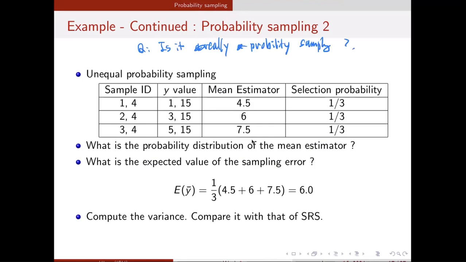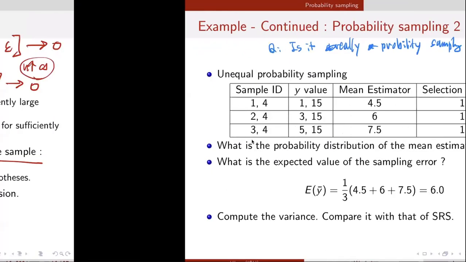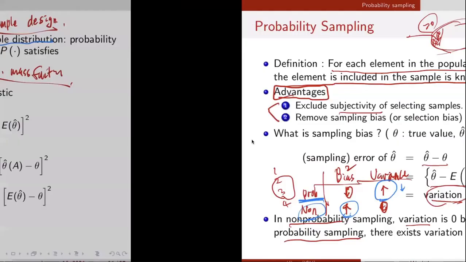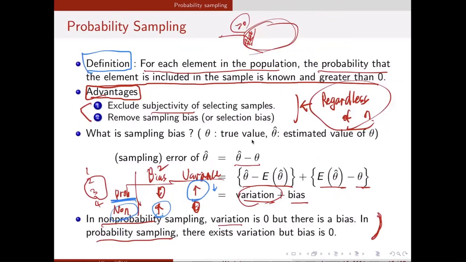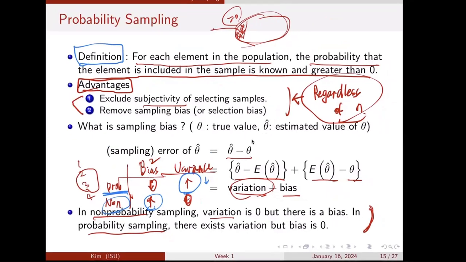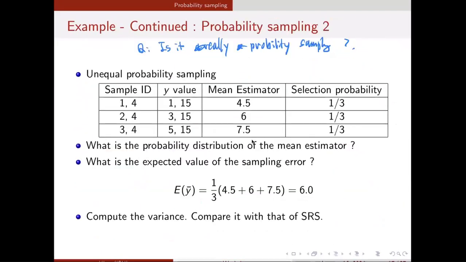Okay. So what is the definition of probability sampling, by the way? Let's go back. Here's a definition, right? For each element in the population, the probability that the element is included in the sample is known and greater than 0. Okay. So let's use this definition to check whether this design is a probability sampling design.